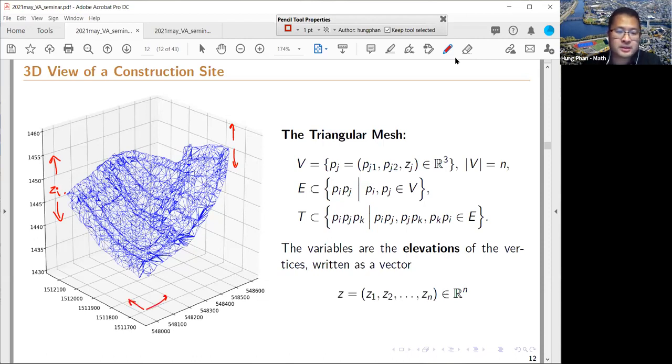So our variables are just the elevations in n dimensions, from Z1 to Zn. All of these triangles are interconnected in some way, and from there we make all the constraints and the objective function into an optimization model.